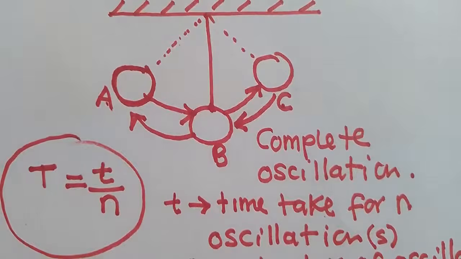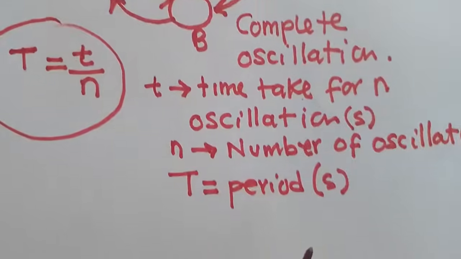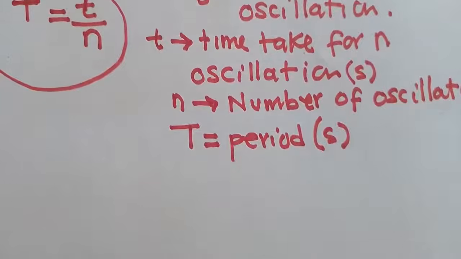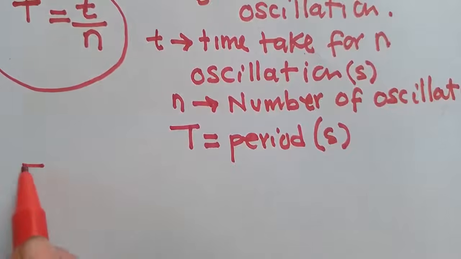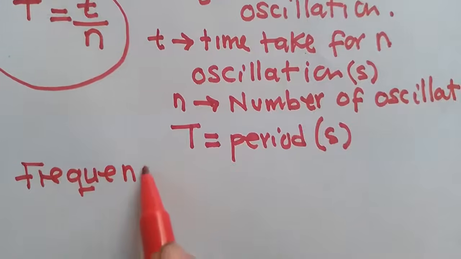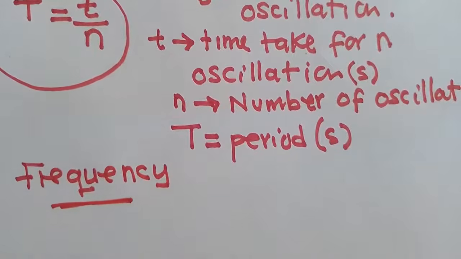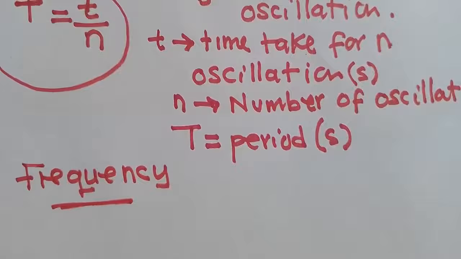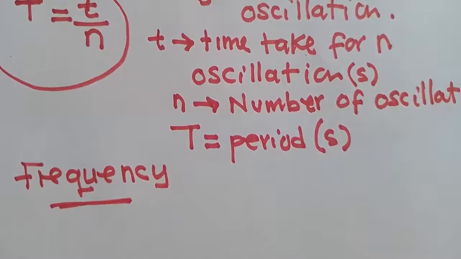Let us move to the other part. So the other part will be talking about frequency. These are only two things that you need to understand under simple pendulum: how to calculate period and how to calculate the frequency.